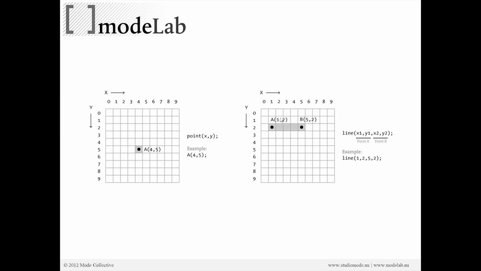We're going to need to specify the start and the end of the line. So in this coordinate system, a line from point A to point B is going to require 4 inputs, which would be 1, 2 and 5, 2. So we'd be drawing a line across the pixel grid in this direction.